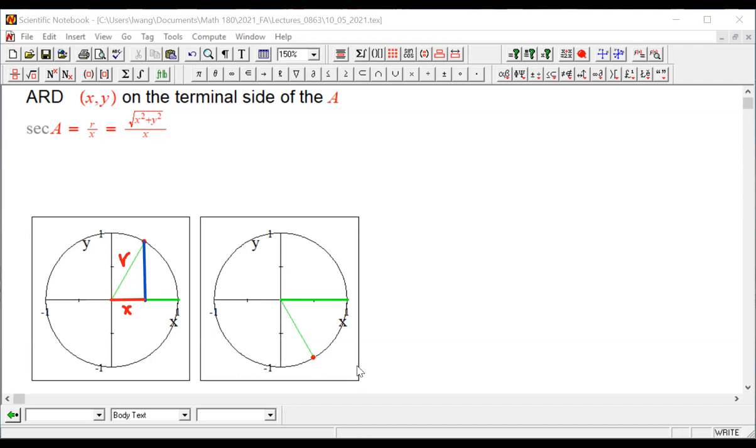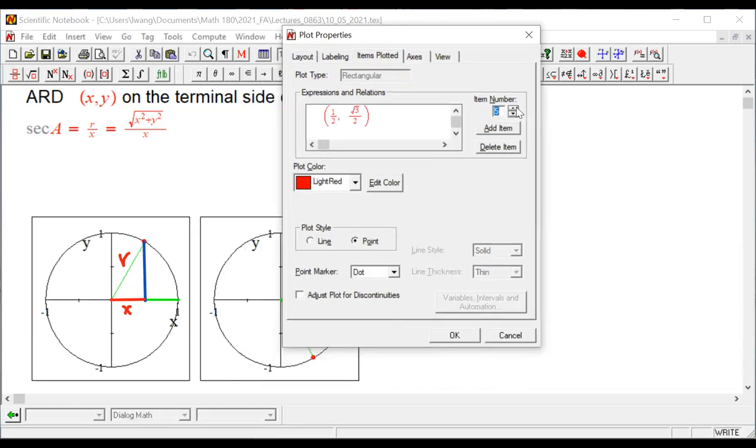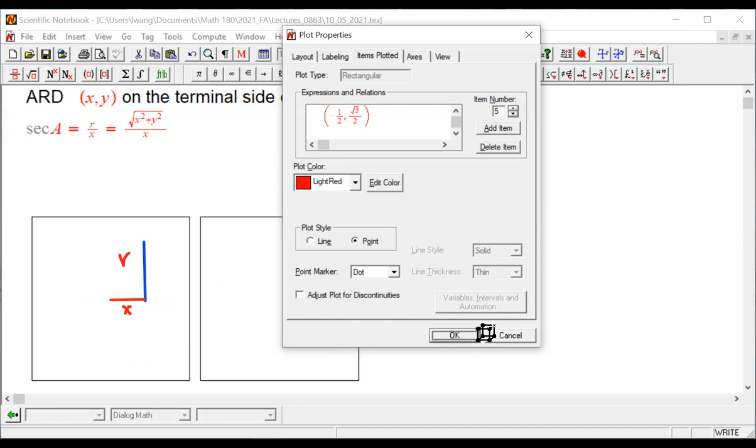So I'm gonna modify this picture. Okay. What did I do? Not this one. Yeah. I'm just going to make a little bit modification to show you that X can be positive or negative.